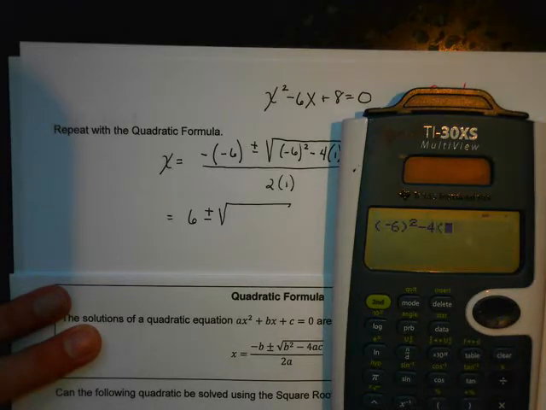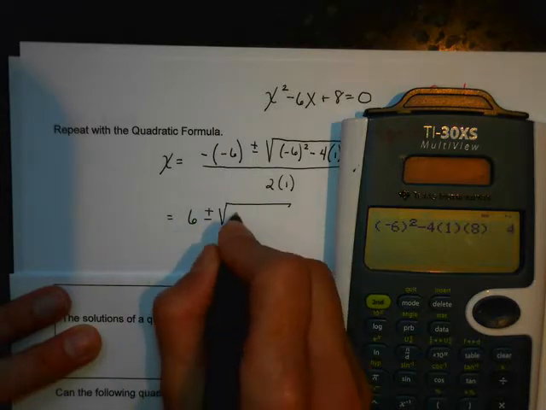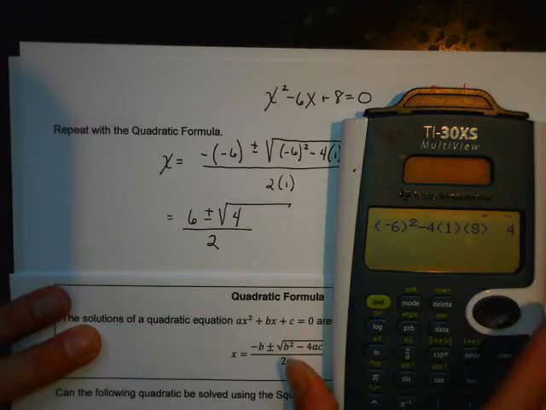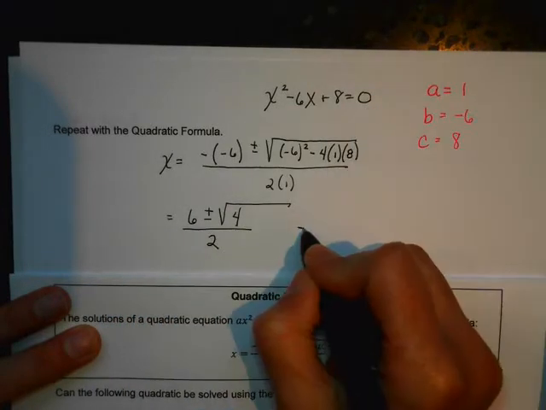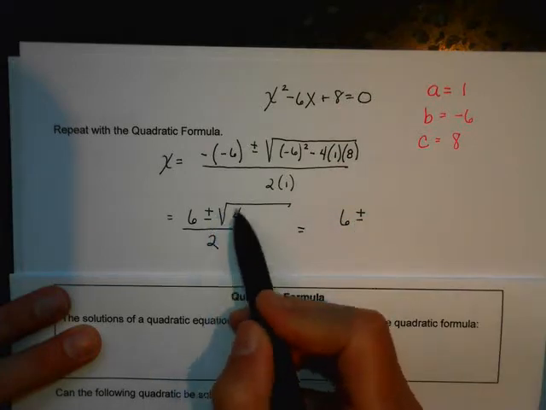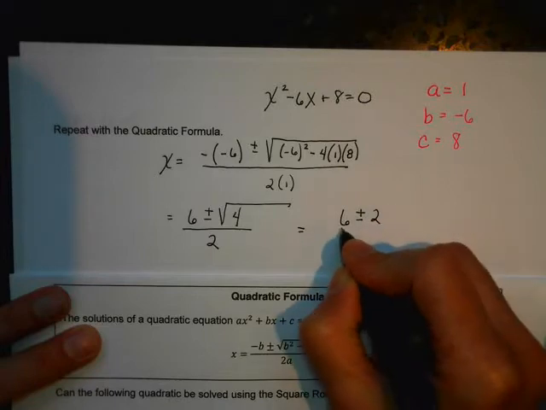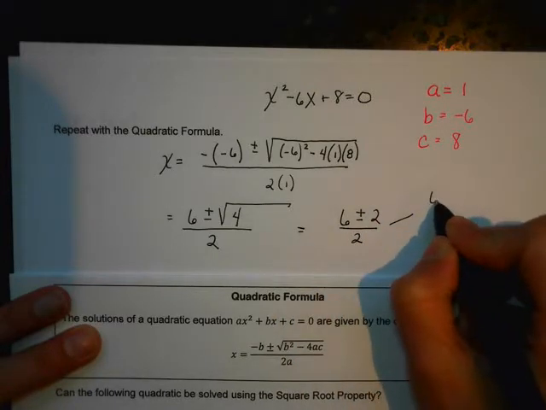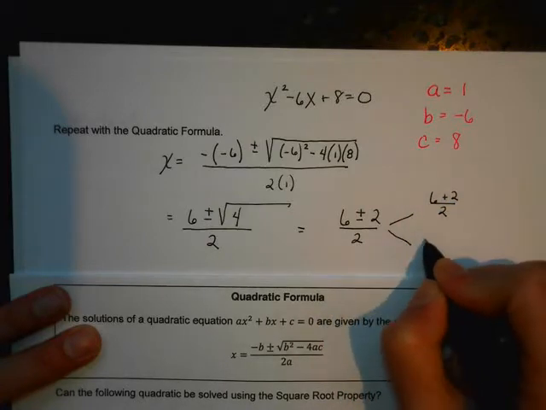I type it in exactly how I've written it. So we have 4, all over 2 times 1 is 2. Okay, we can do this. 6 plus or minus the square root of 4, which is 2, all over 2. So we're going to have 6 plus 2 over 2 and 6 minus 2 over 2 as my answers.